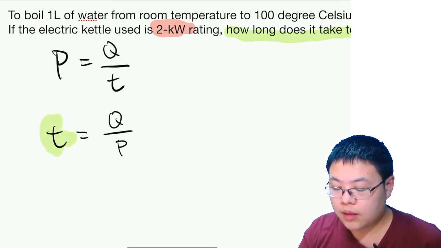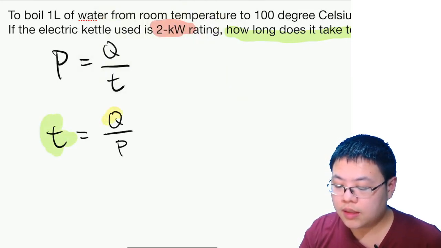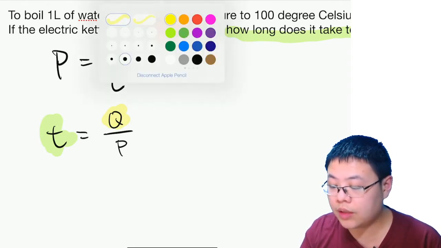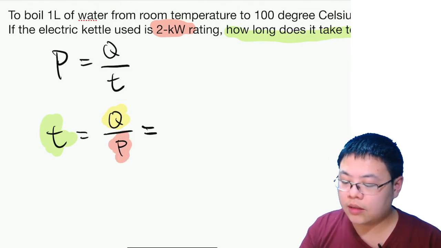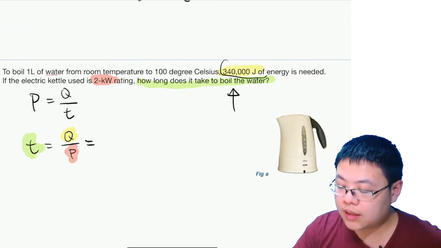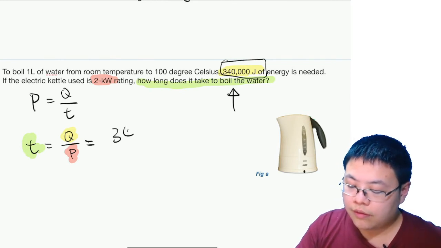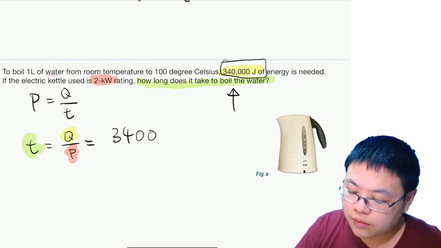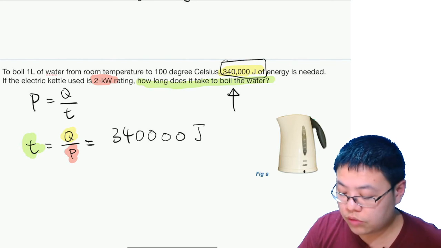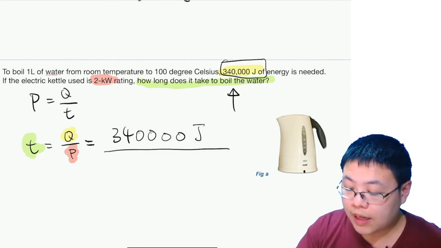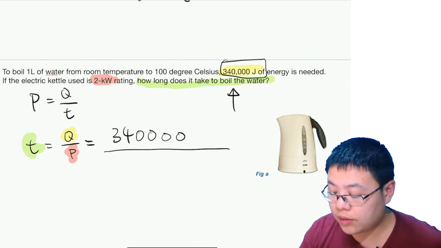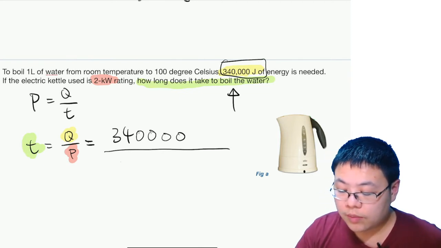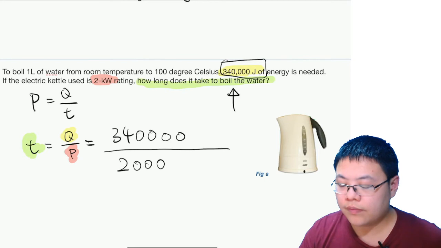So T is equal to Q divided by P, and here the total energy is listed here, so 340,000 joule divided by, okay, you do not need to write the units during the calculation, divided by 2000.